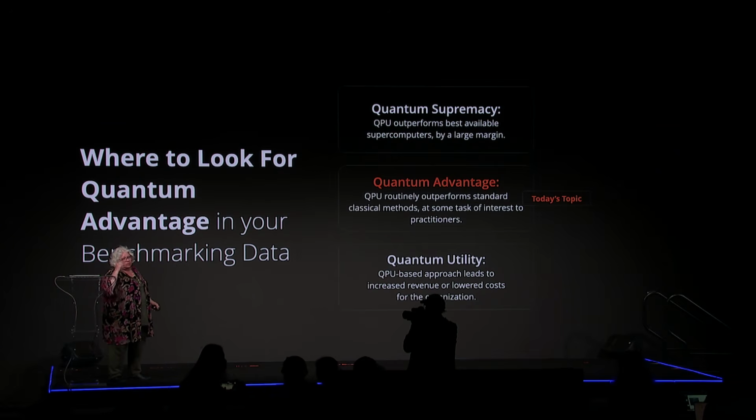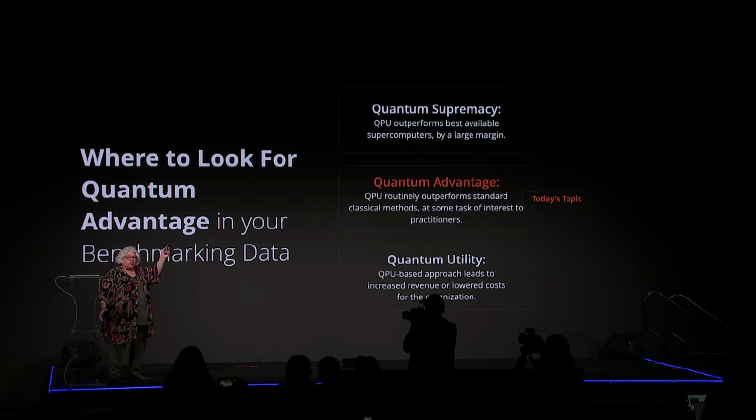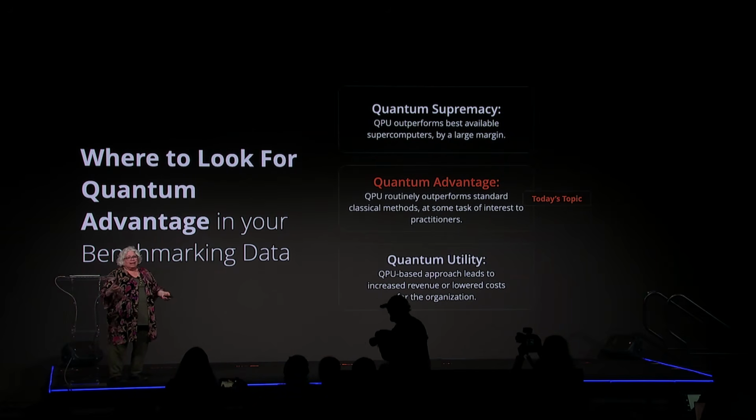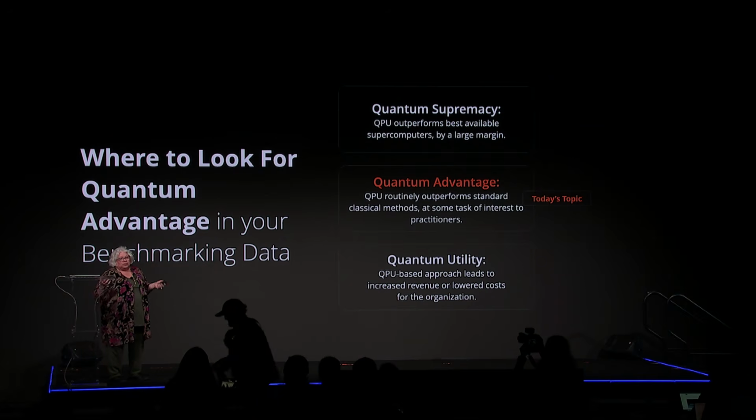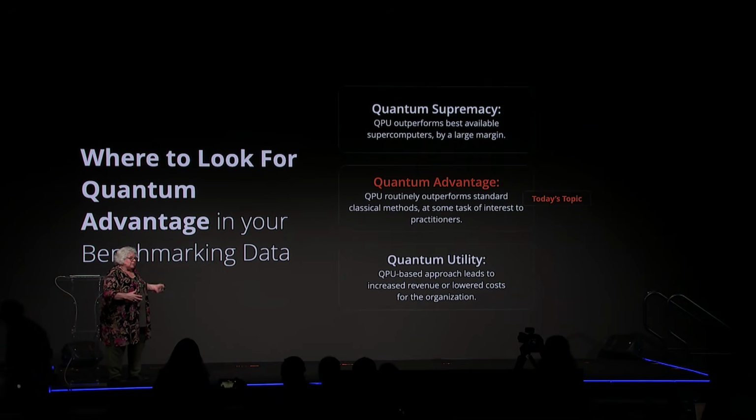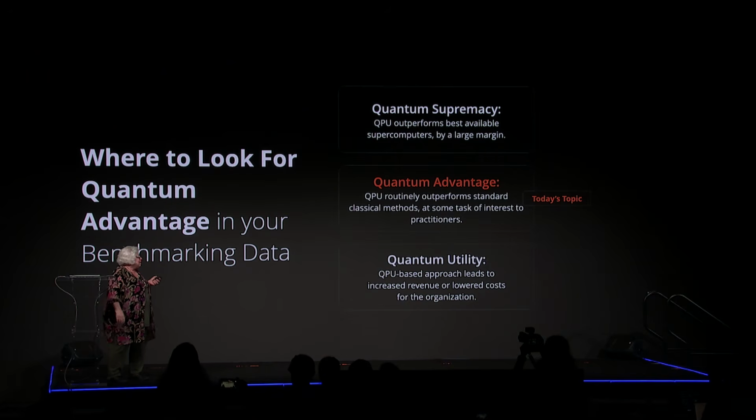These words are tossed around quite a bit, and everybody means something different. Quantum supremacy is the demonstration that your quantum computer can do a task that would take a zillion years and all the energy on the planet, some extreme kind of speedup.